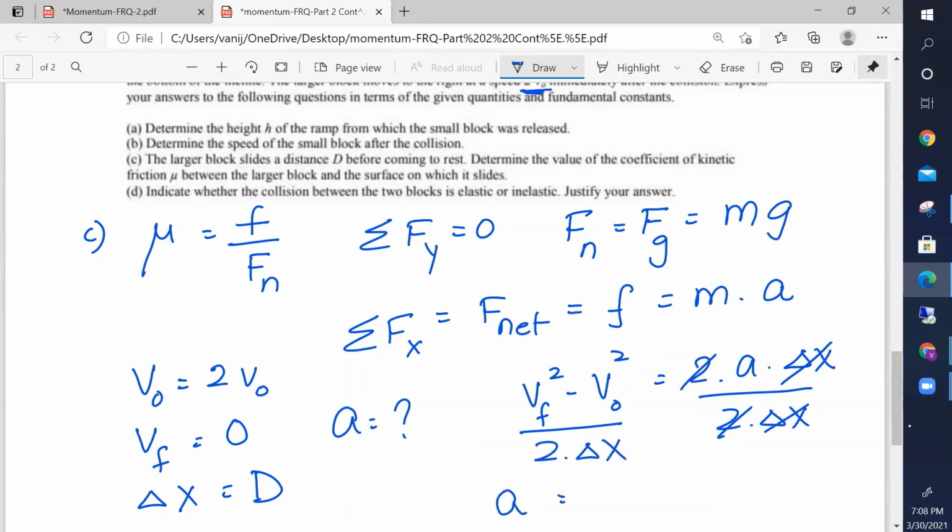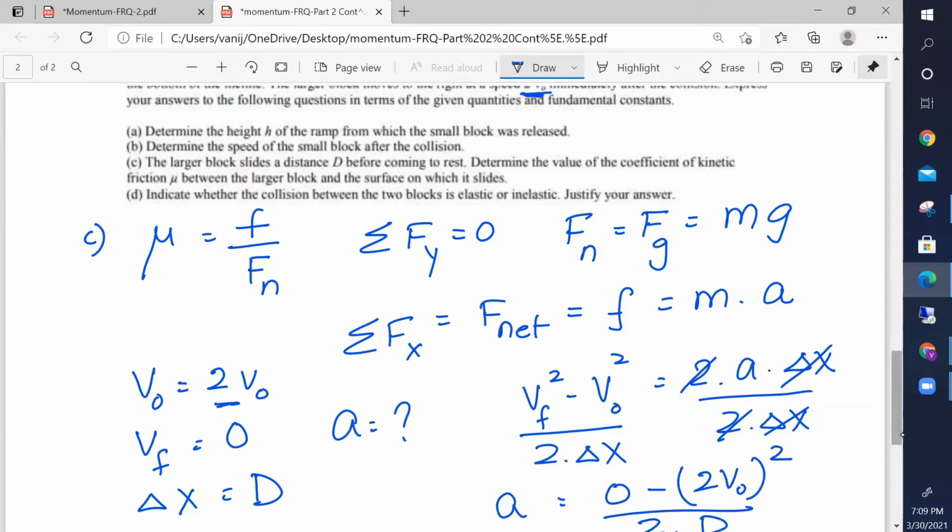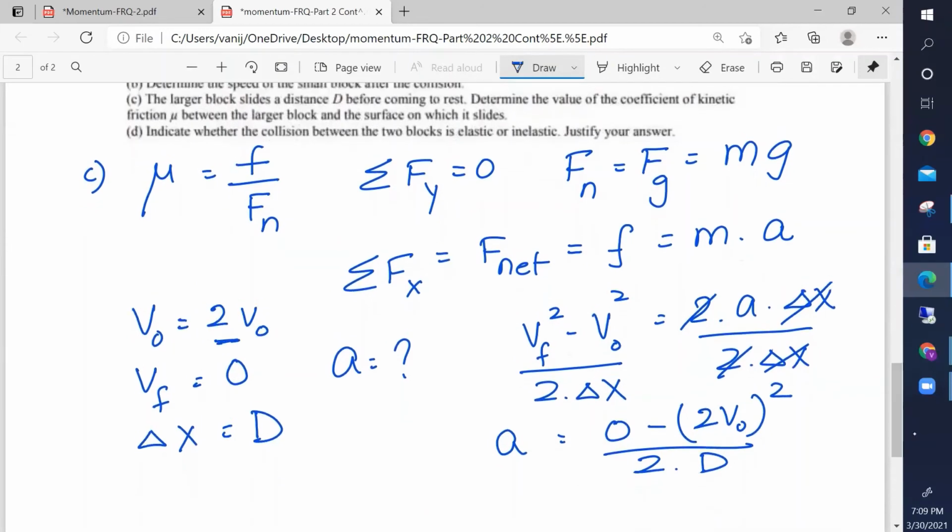So a would be equal to Vf squared minus V0 squared, divided by 2 delta x. I know Vf squared is going to be 0, so 0 minus V0 squared. V0 is 2 v0, so (2 v0) squared, divided by 2 times d, because the block traveled a distance of d.